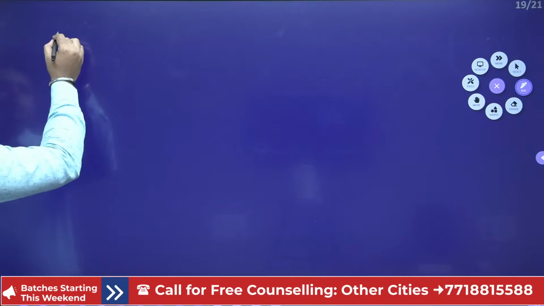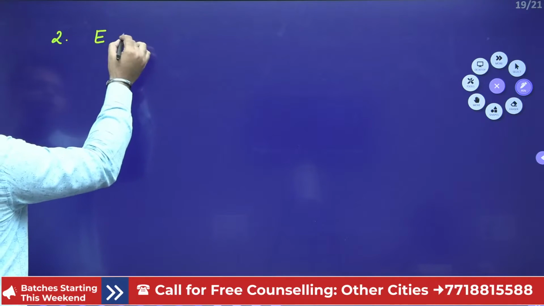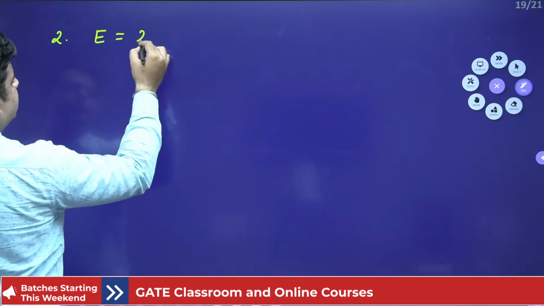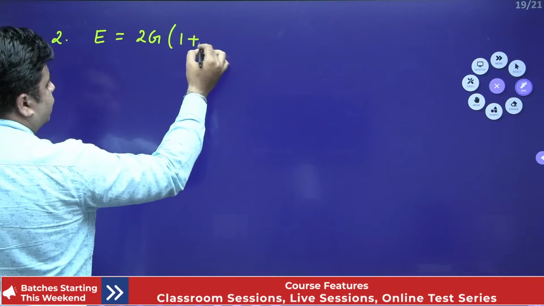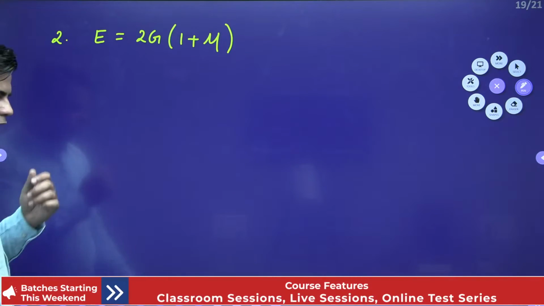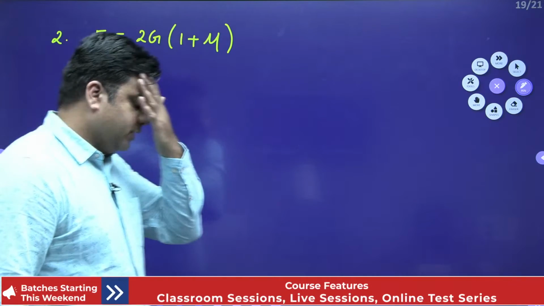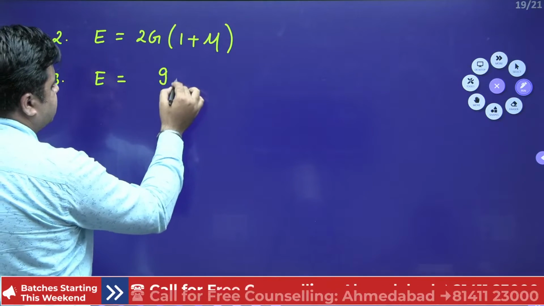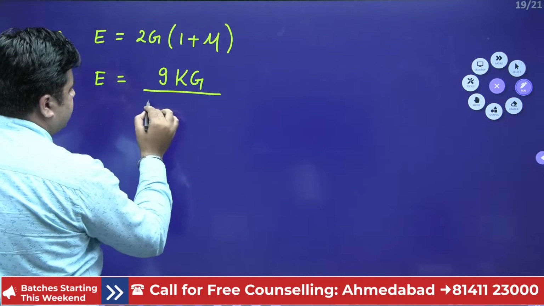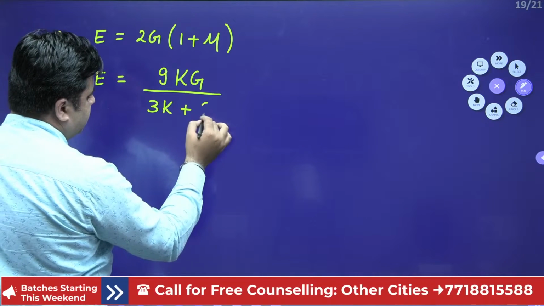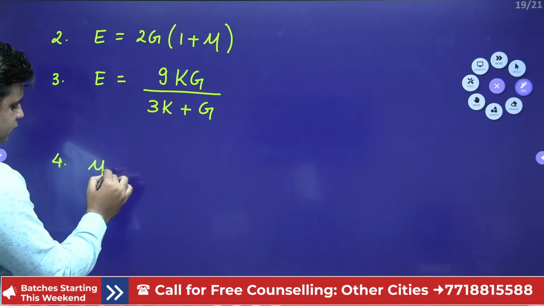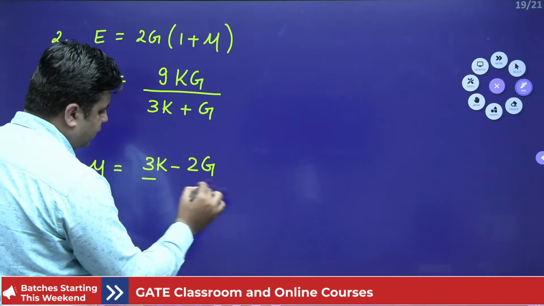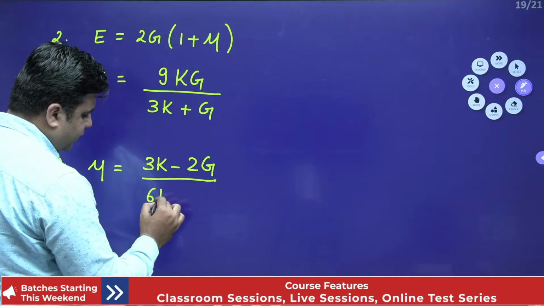Second is E is equal to 2G into 1 plus mu. This is the second relation. The third relation is E is equal to 9KG by 3K plus G. And the last one, mu is equal to 3K minus 2G upon 6K plus 2G.